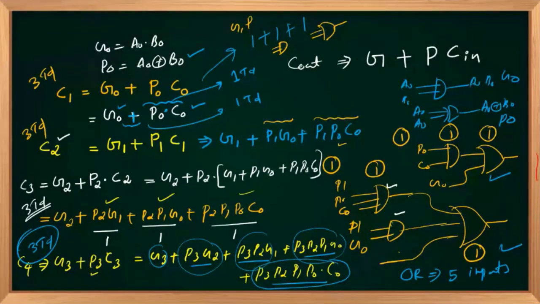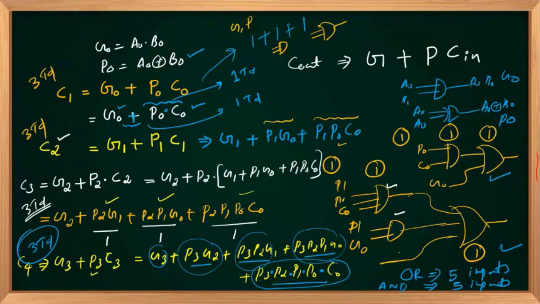Similarly, what about the AND gate? Look at this here. We have an AND gate with more inputs. So 1, 2, 3, 4, 5. So your AND gate also should have how many inputs? 5 inputs. We are implementing a 4-bit adder, and we understood that we require a logic gate with 5 inputs.